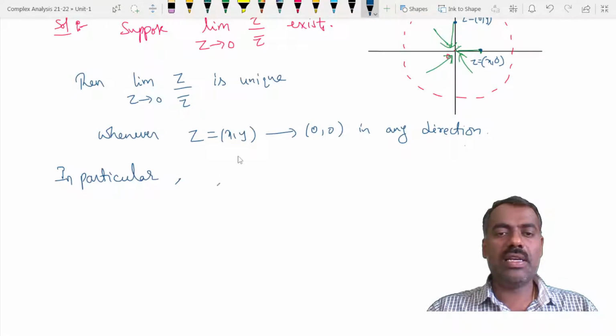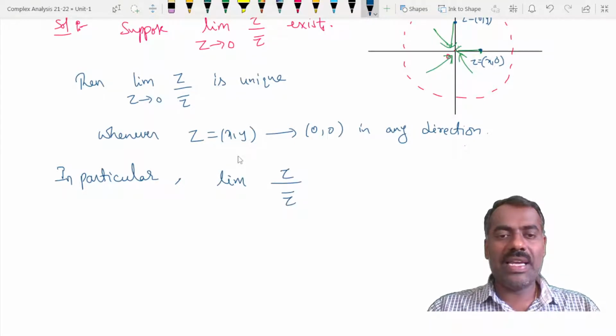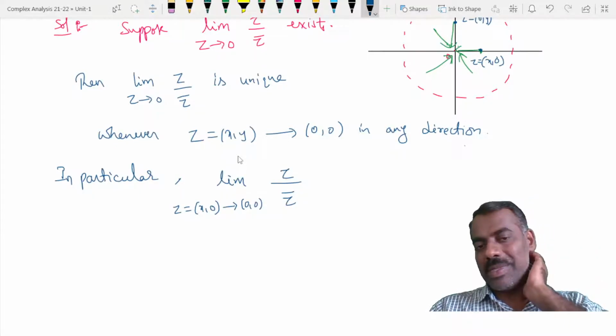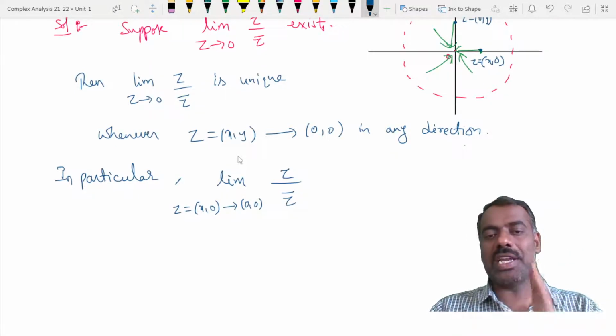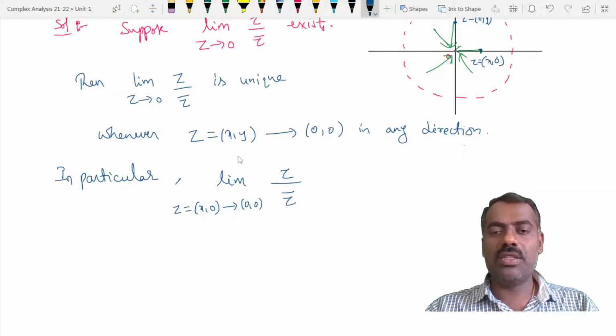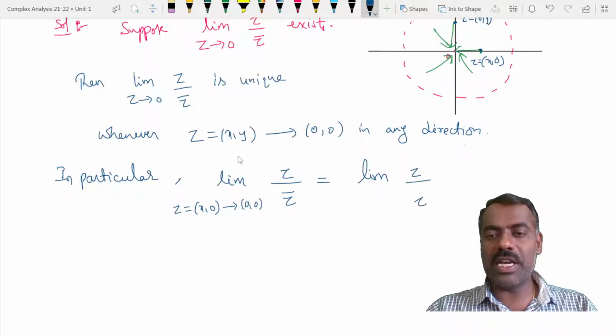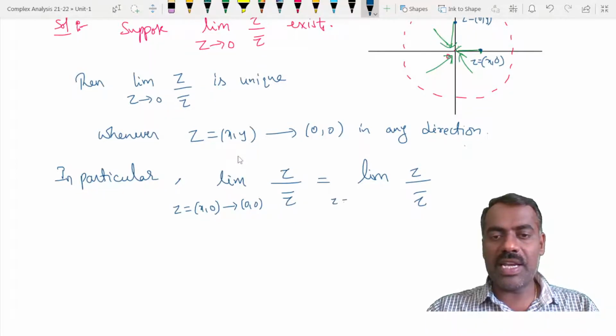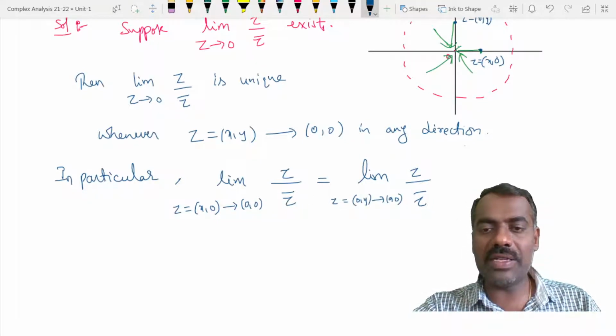In particular, limit of this function, z upon z bar, where our z we will take as x comma 0, approaches 0 comma 0. Are you following? That means as x tends to 0, this should be equal to limit of z upon z bar, where our z is 0 comma y tending to 0 comma 0. Is this step clear to everyone?